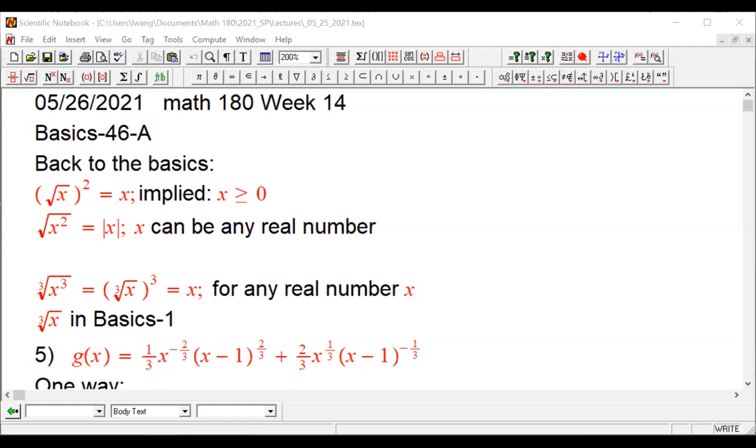Tomorrow I plan to do something else with you, but today I want to continue with something we call piecewise functions. We're skipping something in between, like 47, that's a root function shifting up and down. You guys are able to do it. I trust you. If you have any questions, please don't hesitate.